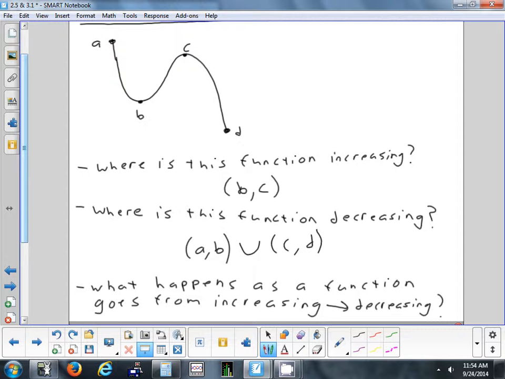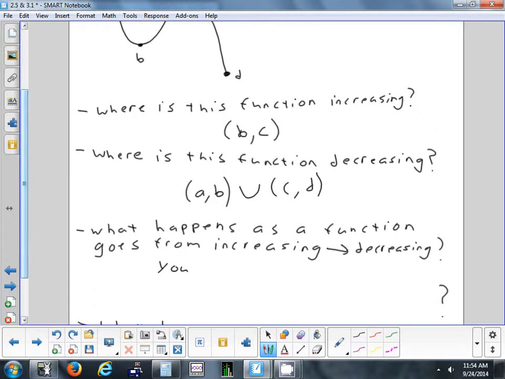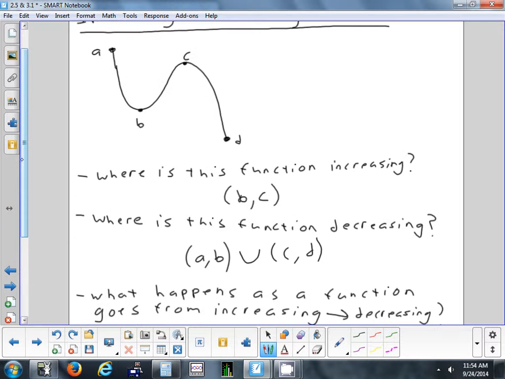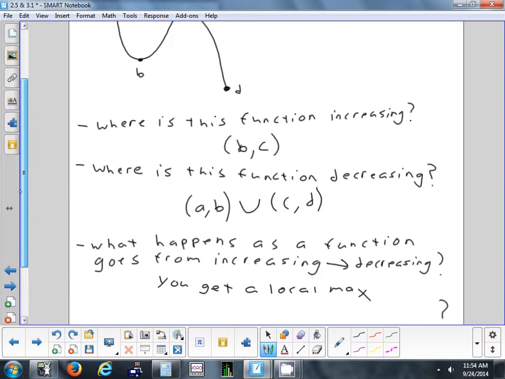What would you call point C? Local max. It's a local max. So anytime a function goes from increasing to decreasing, you get a local max. Likewise, anytime a function goes from decreasing to increasing, you get a local min.